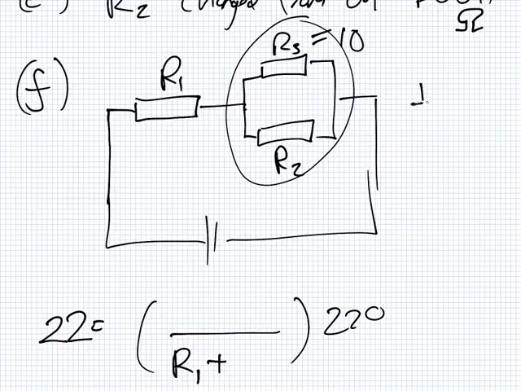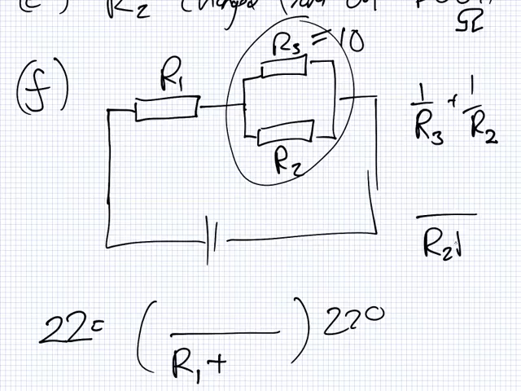It'll be 1 over R3 plus 1 over R2. This will be R2 R3 over R2 plus R3, and then I have to flip that upside down.